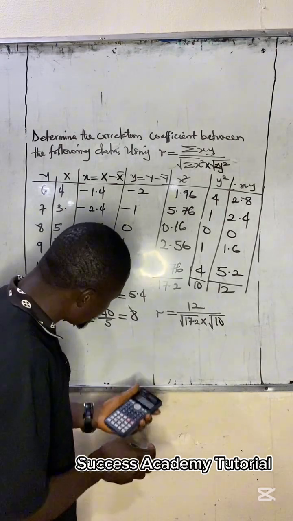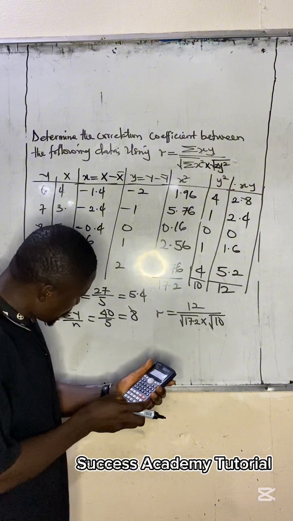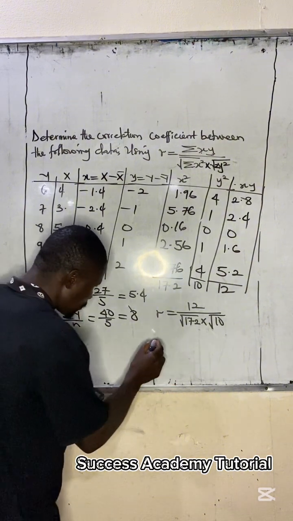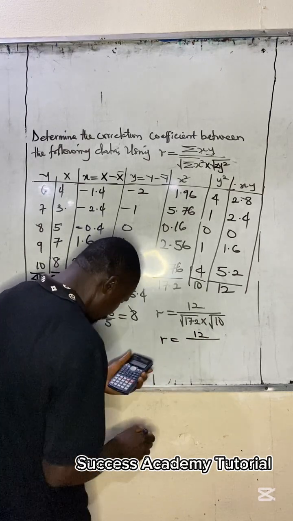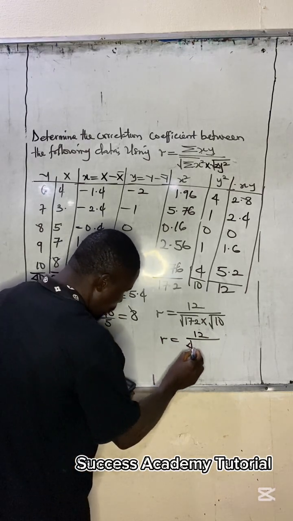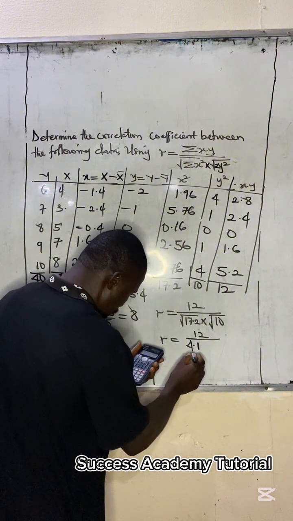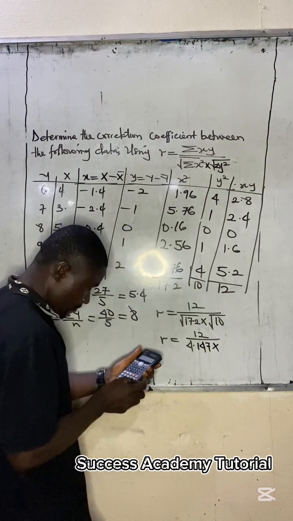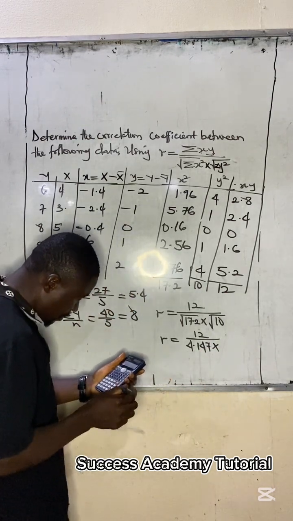So what we need here is to find the square root of 17.2. We're going to find our r equal to 12 divided by 4.147 to 3 decimal places, times the square root of 10. Square root of 10 is equal to 3.162.